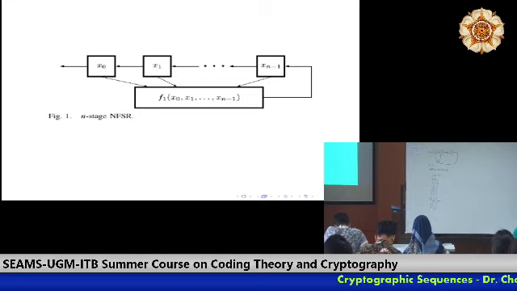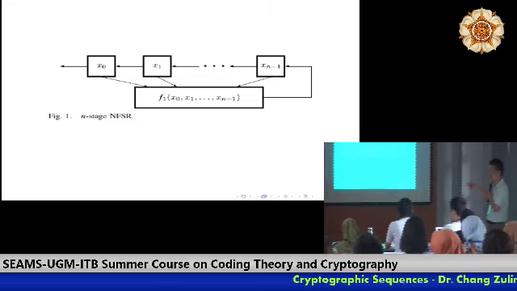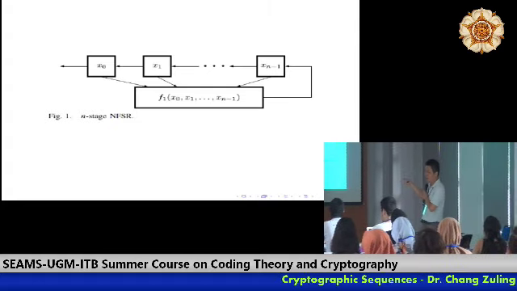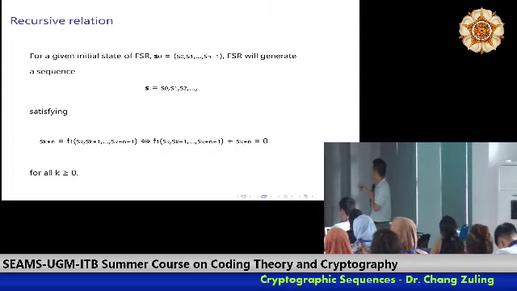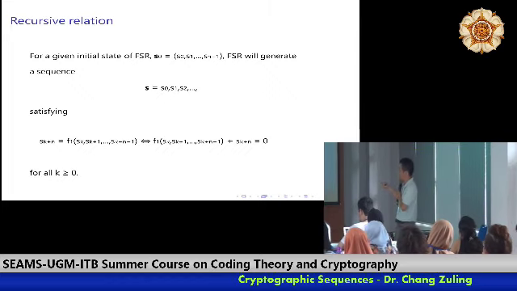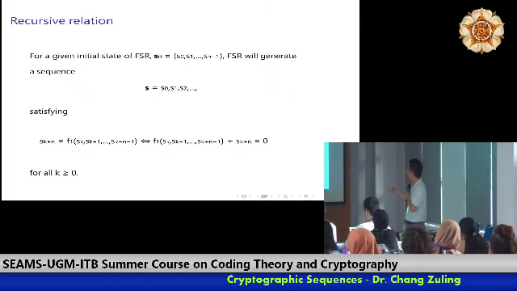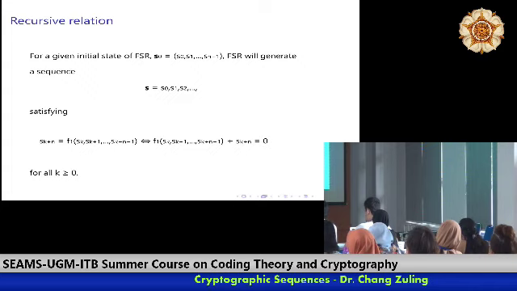For the FSR, some definitions. The first state x0 will be the initial state. From the initial state, the FSR will generate a sequence of arbitrary length. The next bit is set equal to the feedback function of the current bits.